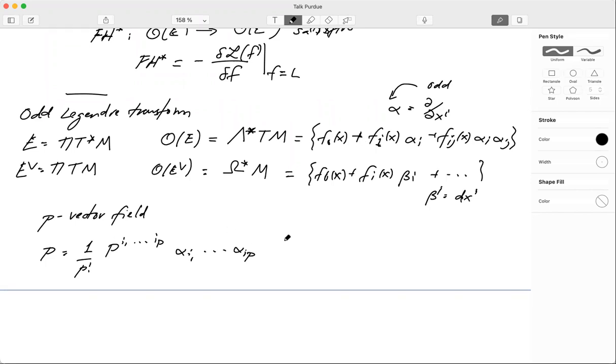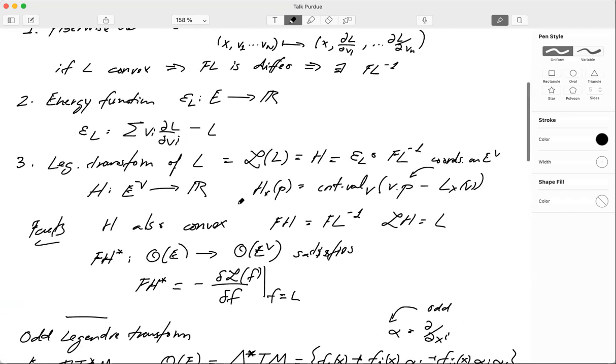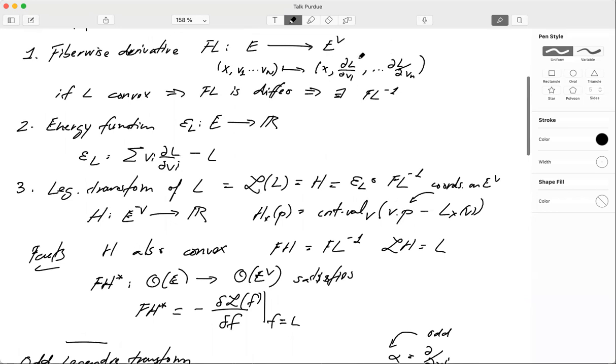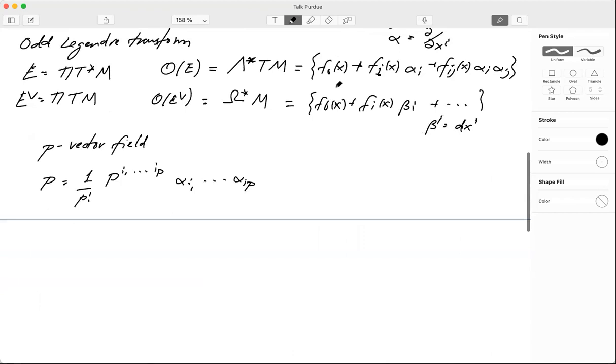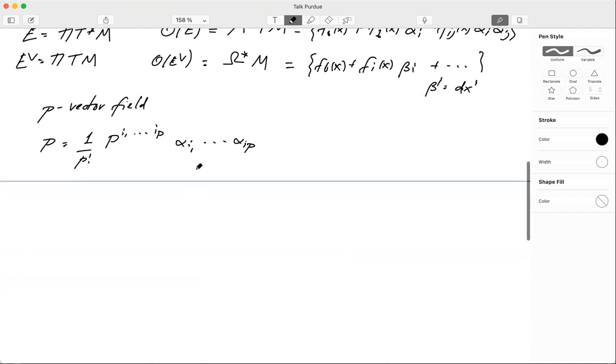Before, in the commutative case, we took the derivative with respect to the fiber coordinate. So we want to do the same thing. But now the fiber coordinate is this odd variable alpha. So you have to define what we mean.